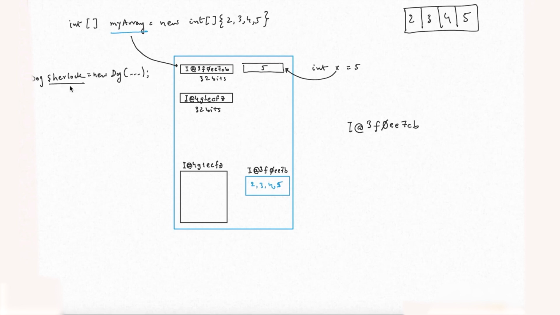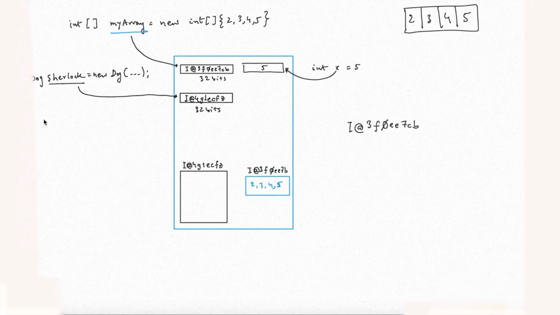So this would not refer to this new object, even though we created a new object and we assigned it to Sherlock. That does not mean that Sherlock points to the memory location where the object is stored. It means that Sherlock is basically pointing to this 32-bit memory location. And in this 32-bit memory location, the address of the object is stored.